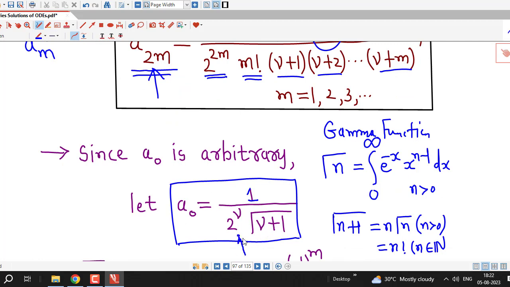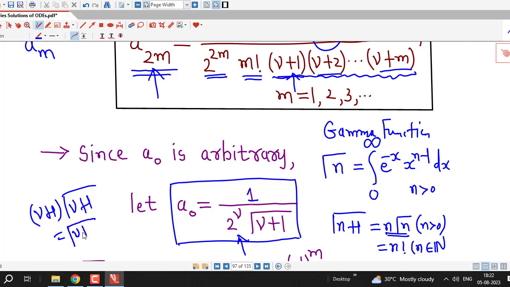Reason for choosing this A0 is to write down this growing product in some simple form. So if I take 1 over gamma nu plus 1, then I can combine this gamma nu plus 1 with this nu plus 1 using this property, and we can rewrite nu plus 1 gamma nu plus 1 as gamma nu plus 1 plus 1 using this property.